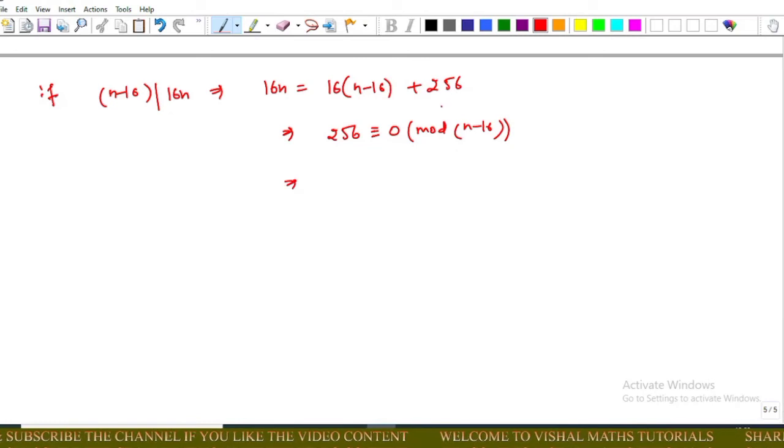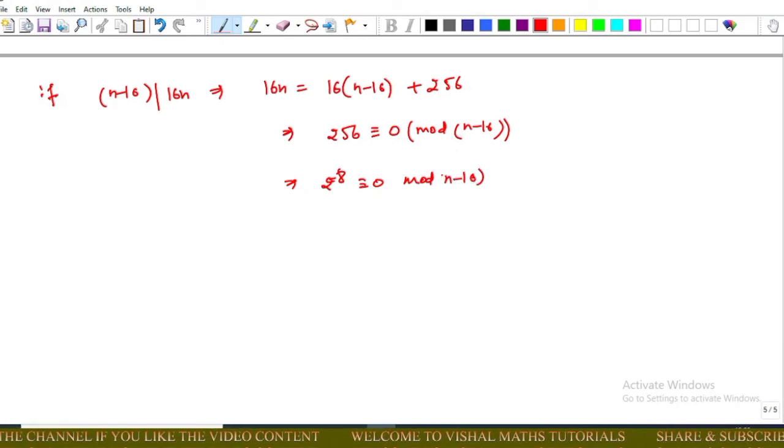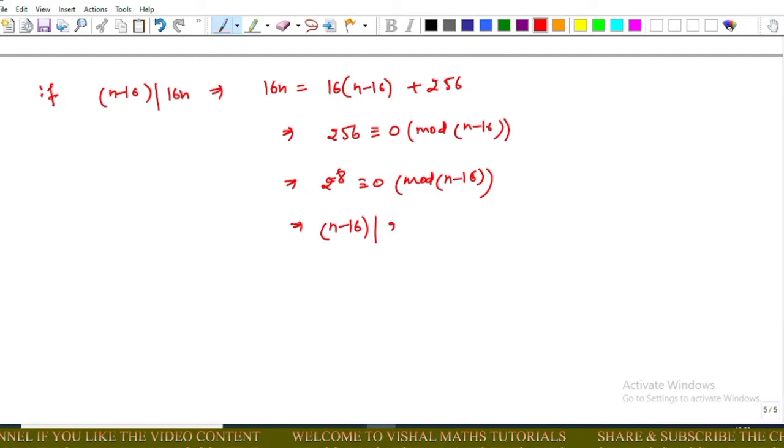So the remainder must be congruent to 0 mod n minus 16, and this further implies that 2 power 8 is congruent to 0 mod n minus 16, so n minus 16 divides 2 power 8.